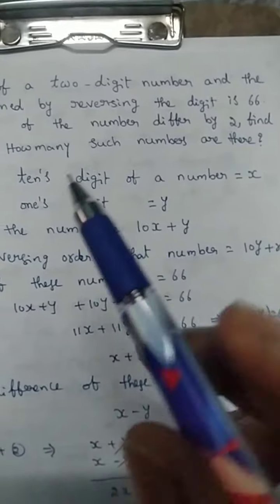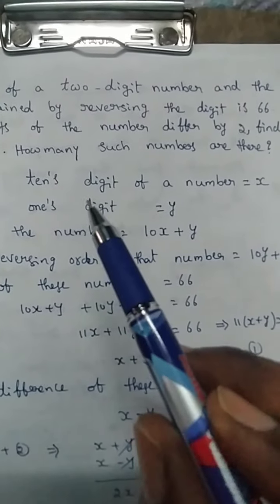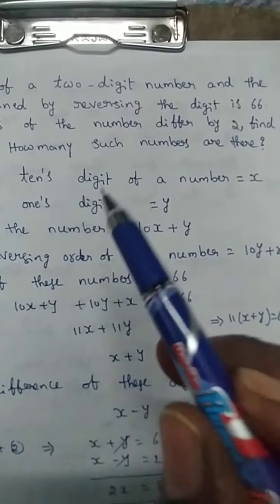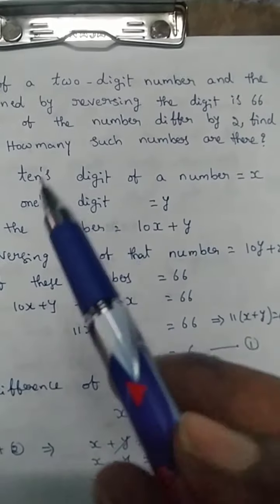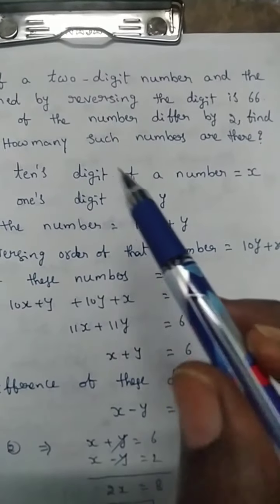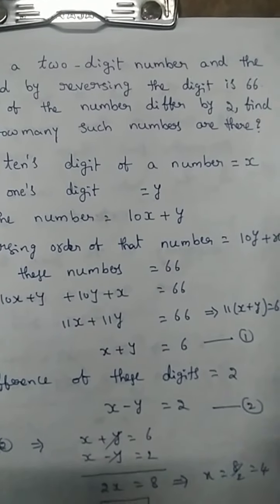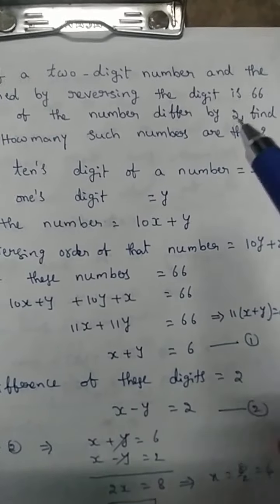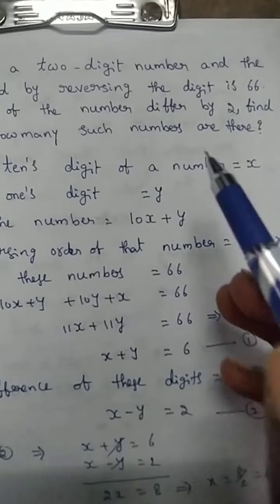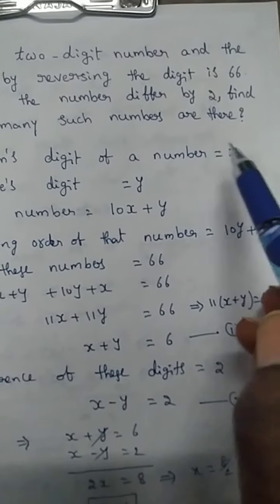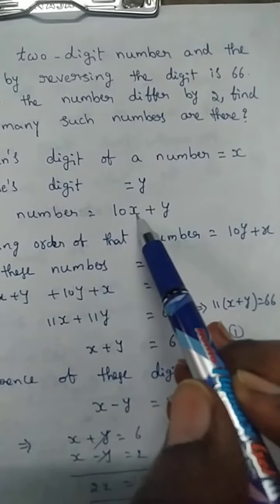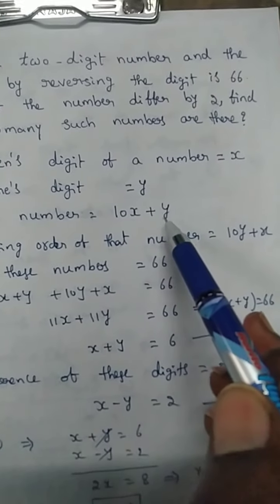For 27, the tens place is 2, so you can expand it as 20 plus 7, because you multiply the tens digit by 10: 2 into 10 plus 7 into 1. Once it is 7 in the ones place, you multiply with only 1. Here the tens digit is x and the ones digit is y, so 10x plus 1 into y. No need to write 1 into y.